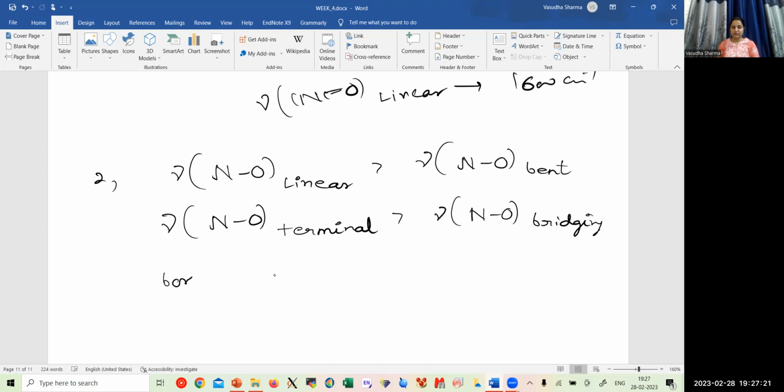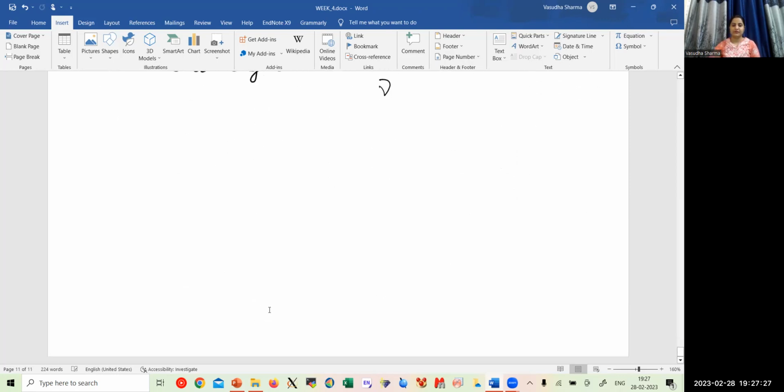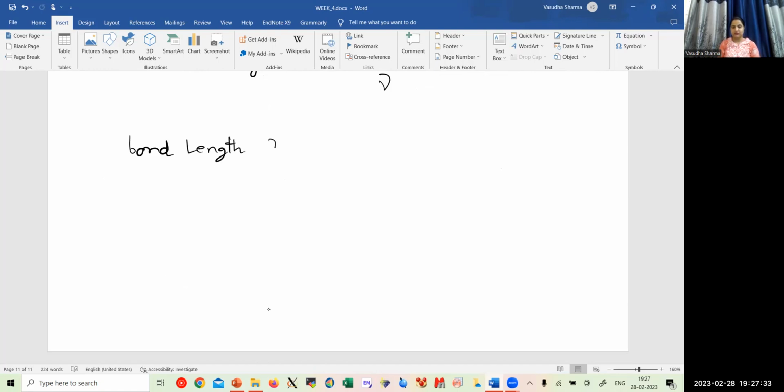The bond length is inversely proportional to frequency. Therefore, bond length in case of NO terminal is less than NO bridging.